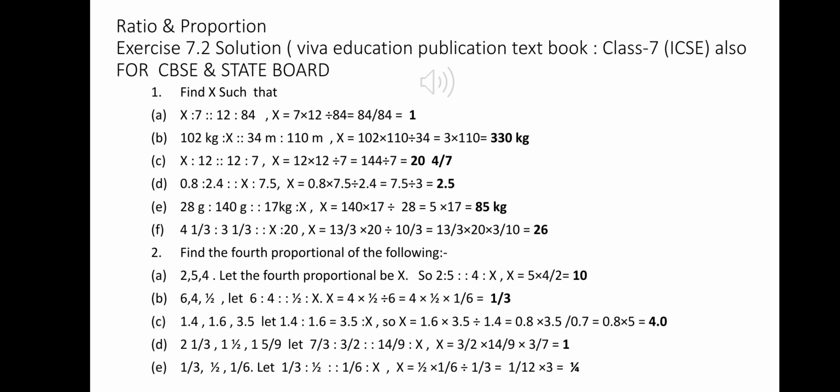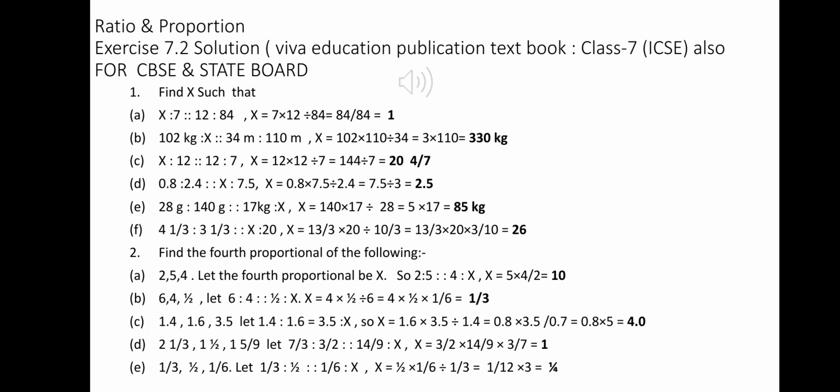That is x is equal to 1 upon 2 into 1 upon 6 divided by 1 upon 3, that is multiplied by 3. So 2 6s are 12, and that will give you 1 upon 12 into 3, which is 1 upon 4 as the answer.